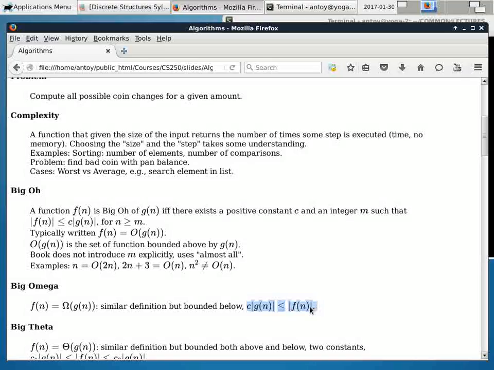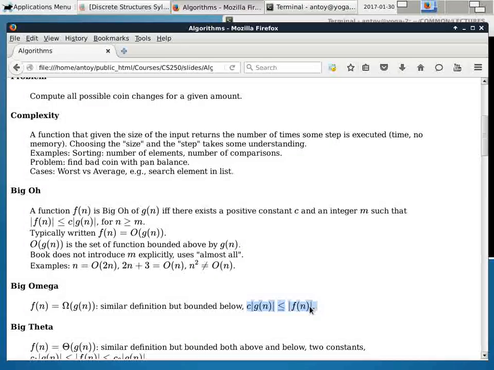So what I want to do is to prove that n squared is big omega of n. So what is the condition here? The condition here will be C times n, this one here.